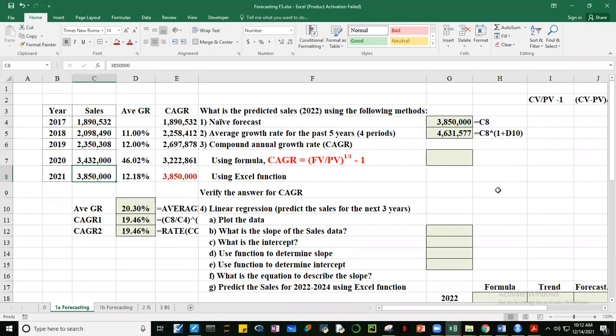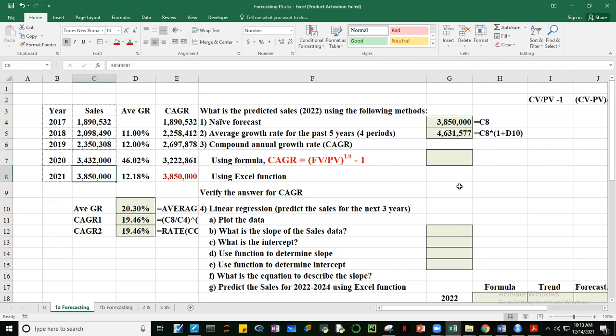That's the compound annual growth rate. You start with the first value, and then you let your amount grow by the CAGR, and you'll end up at exactly the last value. So ito yung average growth rate ng time series values na to. From 1890 hanggang 3850, it was growing by an average of 19.46% every year. Okay? All right, clear, guys?